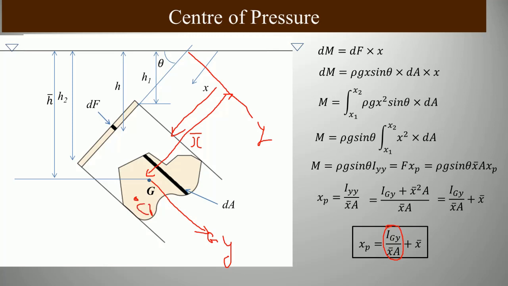I may be exaggerating the difference, but it depends on the shape. Depending on the shape, my center of pressure will be farther or nearer. It depends on the area: the more the area, the lesser the distance between these two. I can calculate this distance, G to CP, or you can say P only.